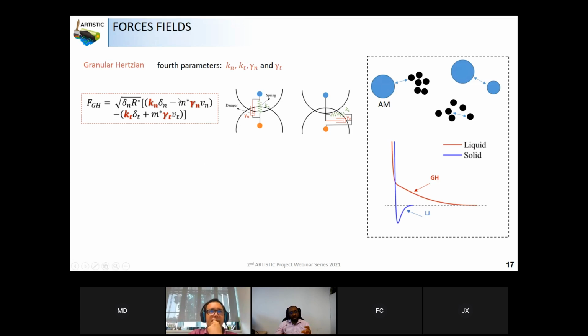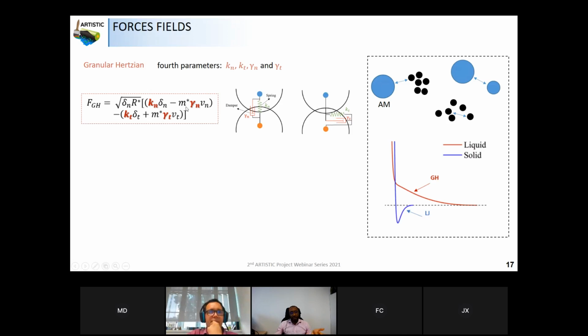You can describe some kind of damping between the interaction of the particles. This one is the gamma n in the normal interaction, because you have the normal interaction and the tangential interaction, and this part is for the normal interaction, and the second one is for the tangential interaction.